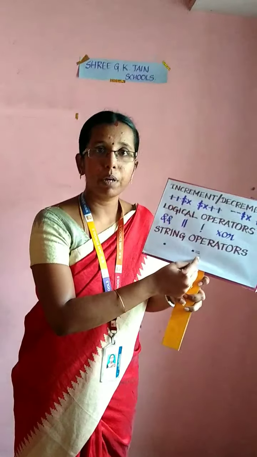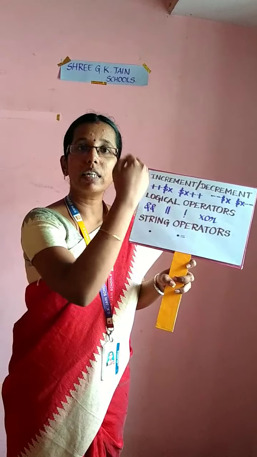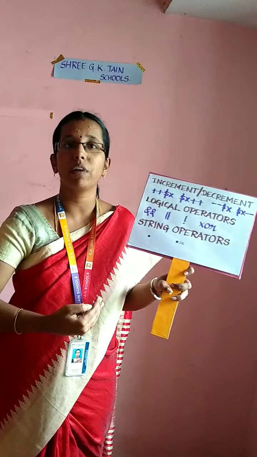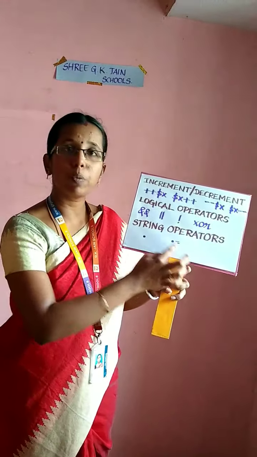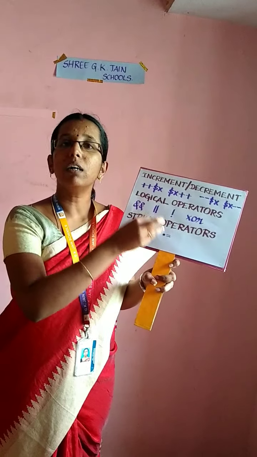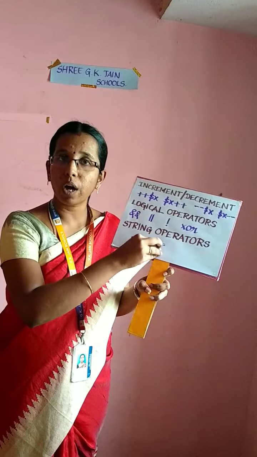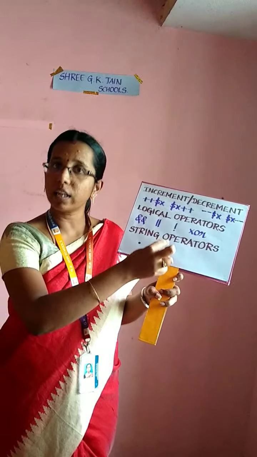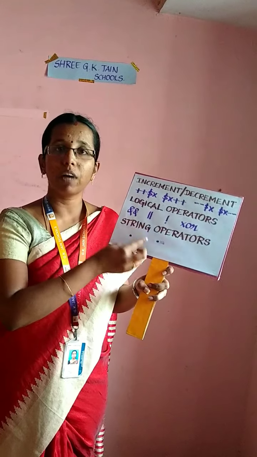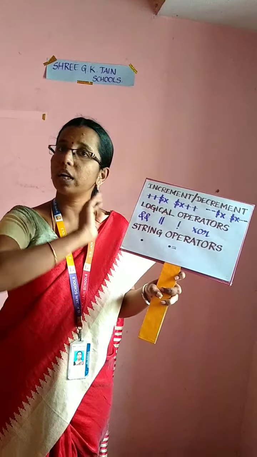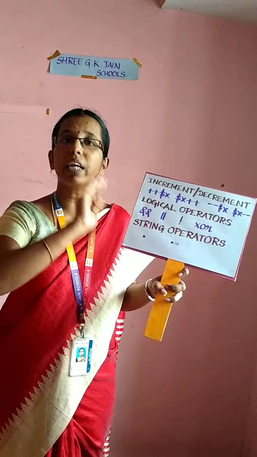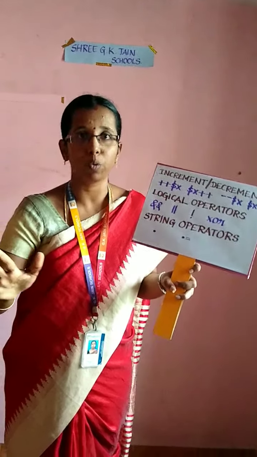But in the assignment, it will append the text 2 value to text 1 value. What is the difference between these two in the sense? The value of your text 1 will be changed in your assignment, but in plain concatenation the values will not get changed or assigned, it will just return your output value.